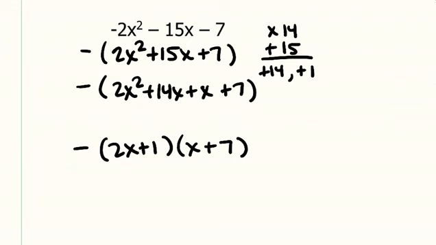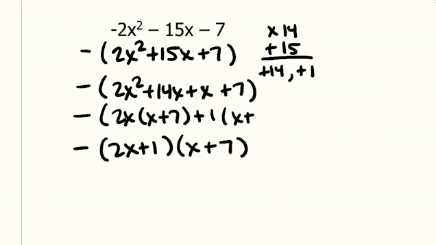Then I'm going to factor by grouping, and I'll have 2x times x plus 7 plus, well, I don't have anything to factor out, so let's factor out a plus 1 times x plus 7. And then look, I'm left with an x plus 7 multiplied by 2x plus 1.